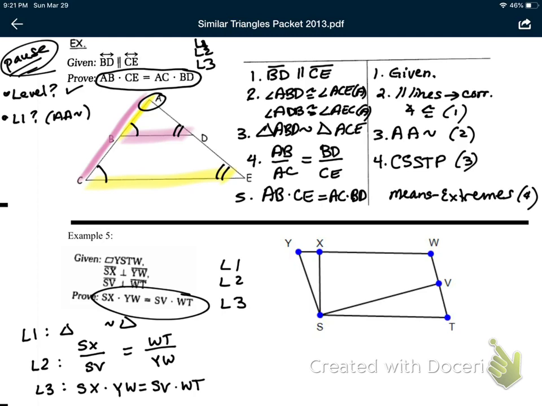Let's highlight the 4 segments involved, reading line level 2. So SX, SV, and then WT, and YW.